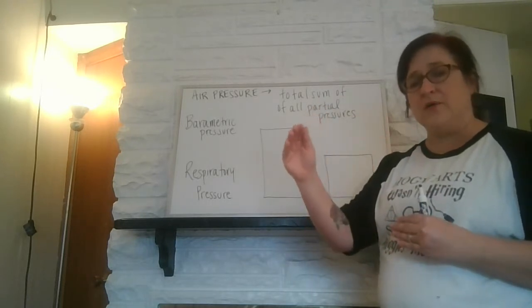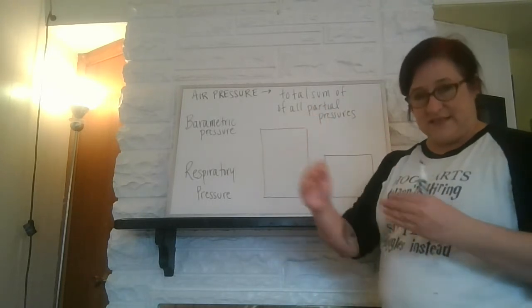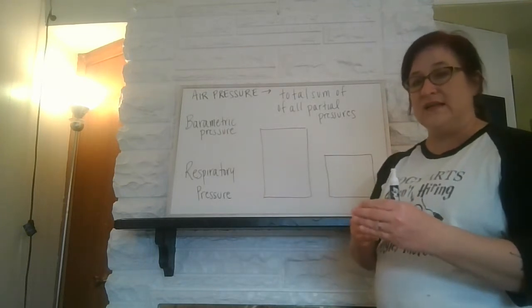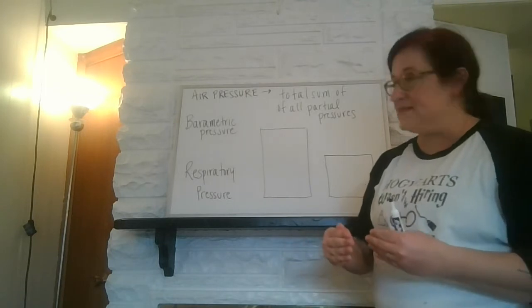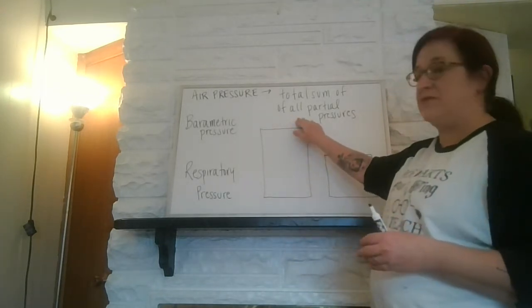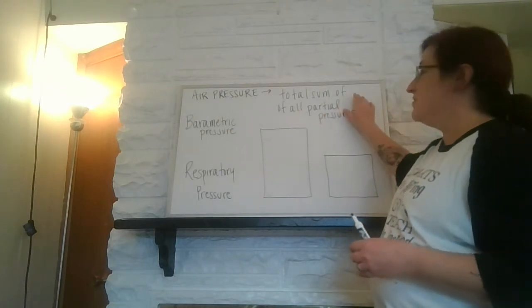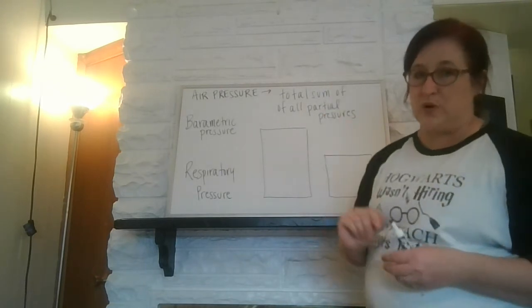And how can we create differences in those pressures in order to drive movement down pressure gradients? So the air pressure, or the barometric pressure, equals the total sum of all partial pressures.